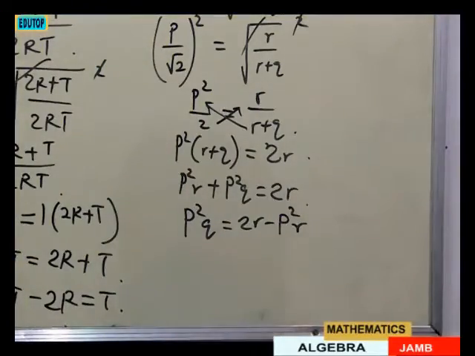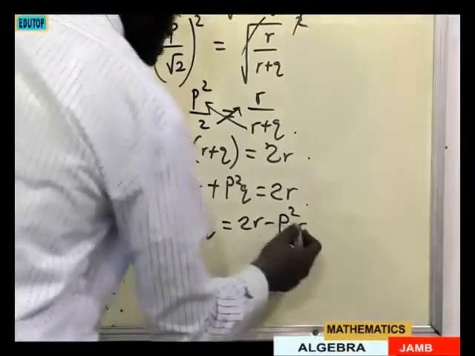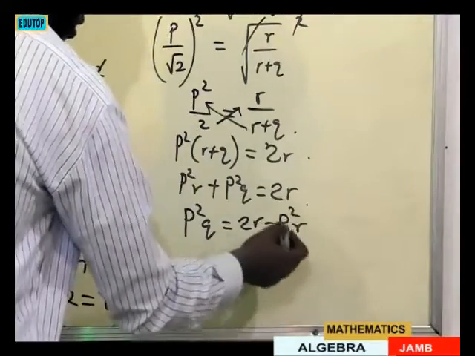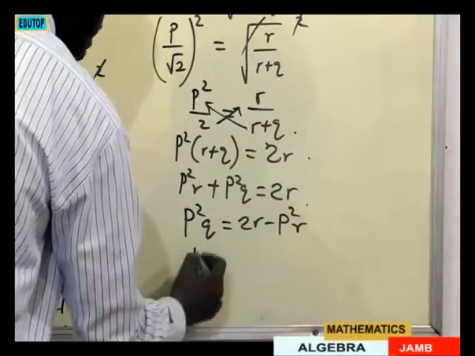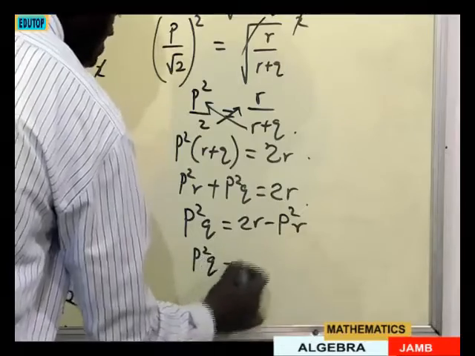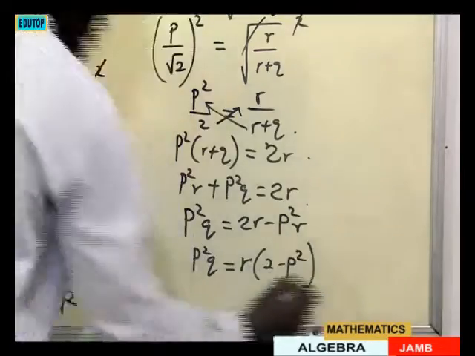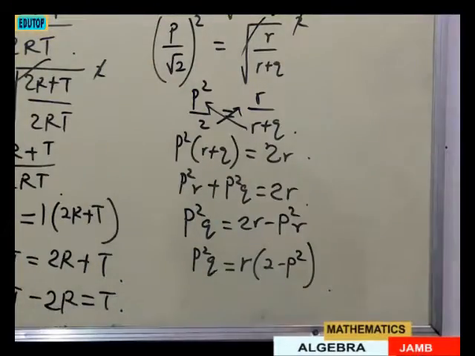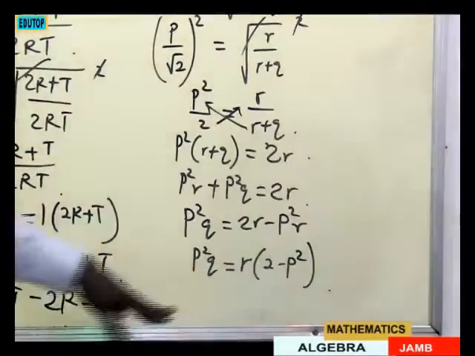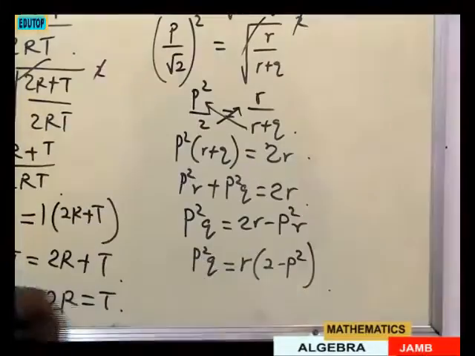Then what do we do next? We try to simplify. R is common here. R is here, r is here. So I can say p squared q equals r into 2 minus p squared. Since I'm looking for my r, I will divide both sides by 2 minus p squared.